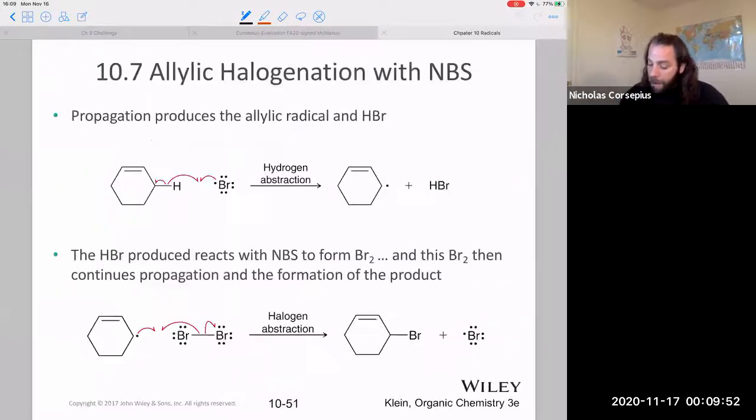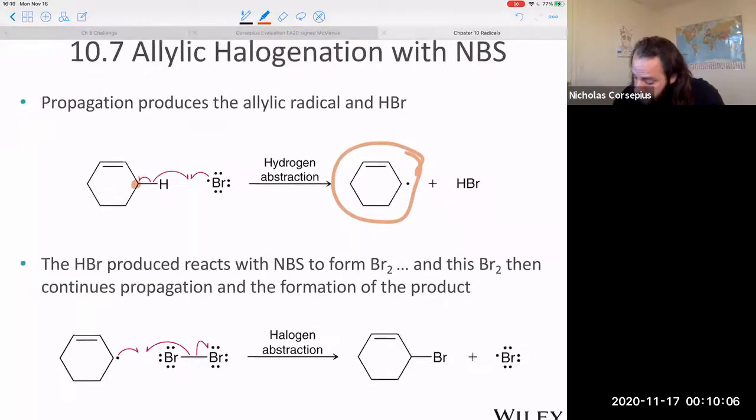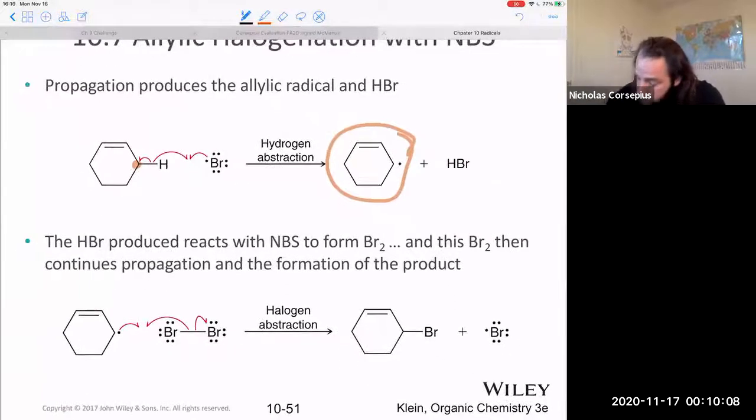So what happens is you have this hydrogen abstraction, and it occurs at that allylic carbon because what's generated is that allylic radical. That allylic radical will then turn around and react with Br2, which has been formed in solution from NBS reacting with itself, and you will get a halogen abstraction.